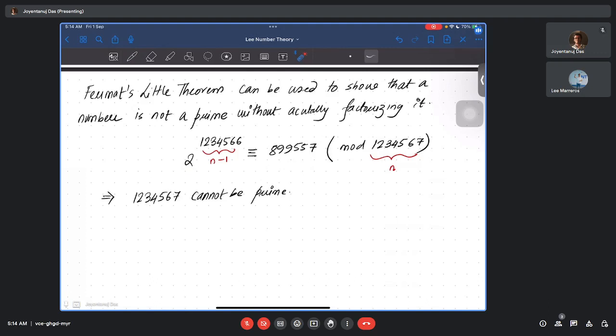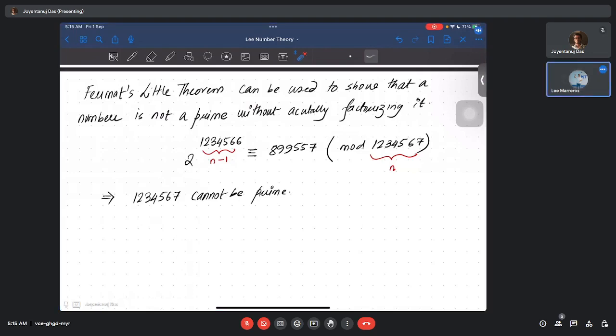So suppose you know this congruence. That is what we are doing. This information is given to you, and for now we are not seeing how to get this number. Suppose this information is given to you, and we want to check whether this number n is prime or not, right?